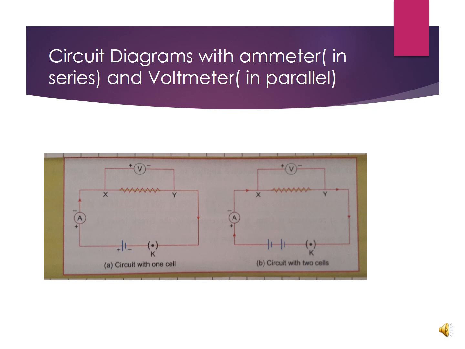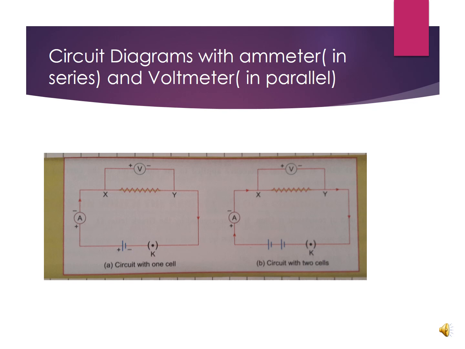Ammeter, did you notice the plus sign of A is connected to the plus sign of the cell or battery. The negative side of A is connected to the negative side of the battery through the resistor and key. And XY is the resistor, an additional resistance. What is the meaning of V?